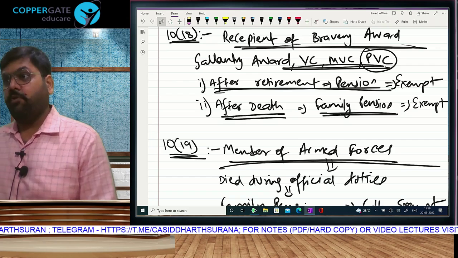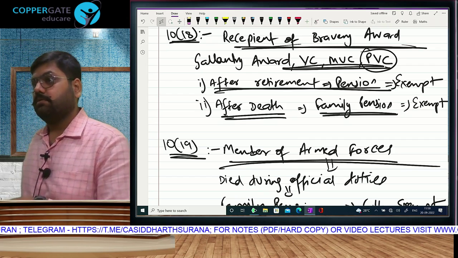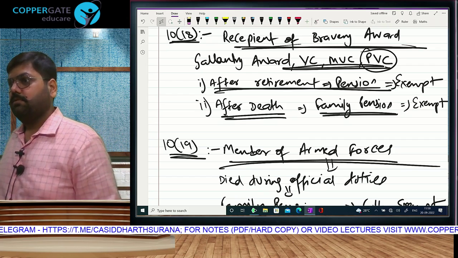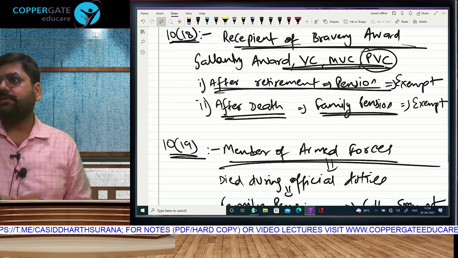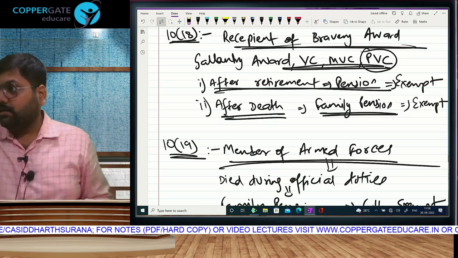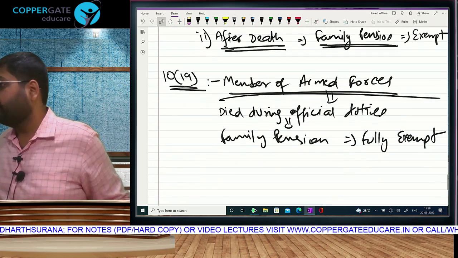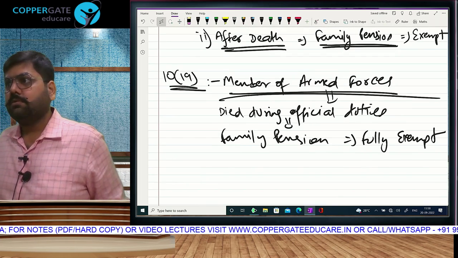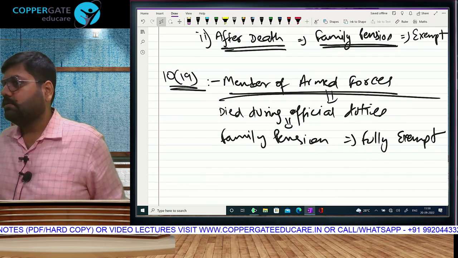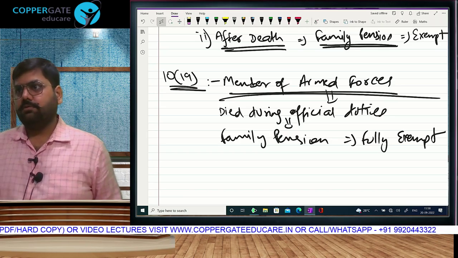If you have received an award, dying is not compulsory. You are alive, no? Your pension and after that family pension. And if you have died, there may be some of them who did not get any award. They didn't die for awards. They died for the country. No award received. Still exemption.